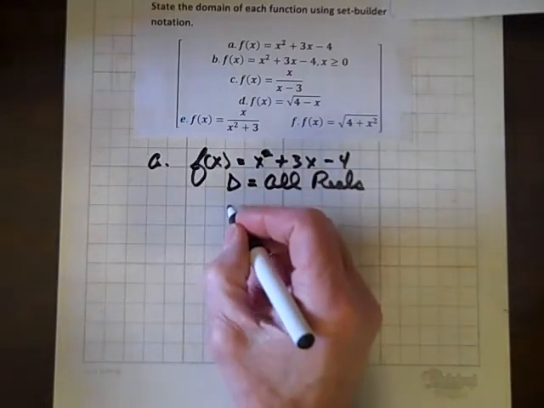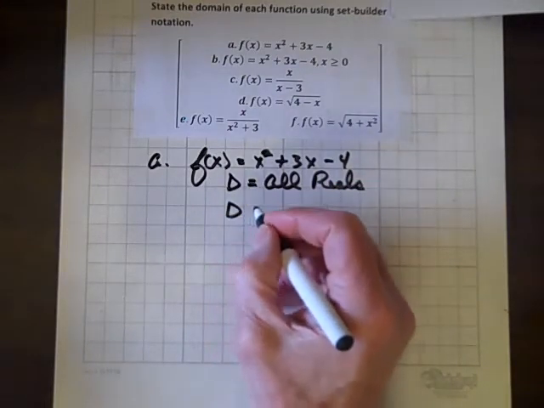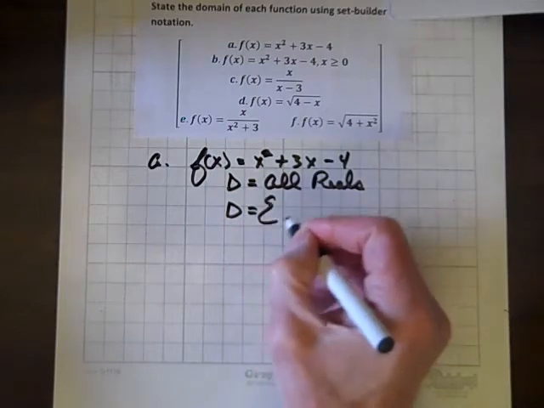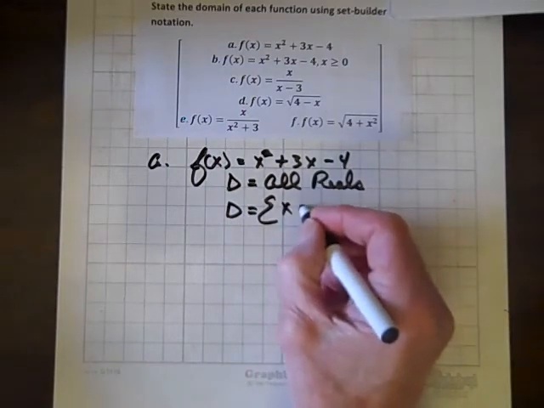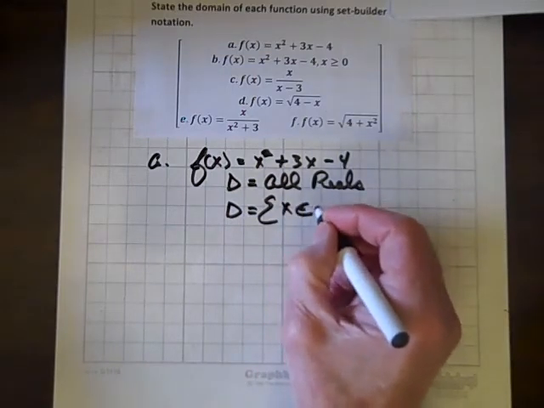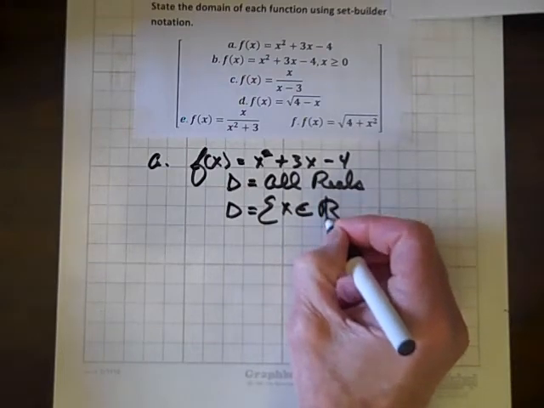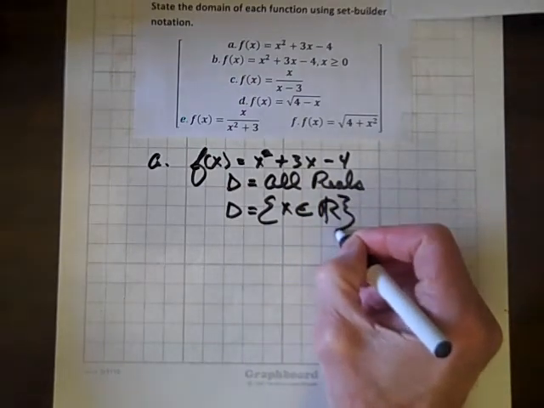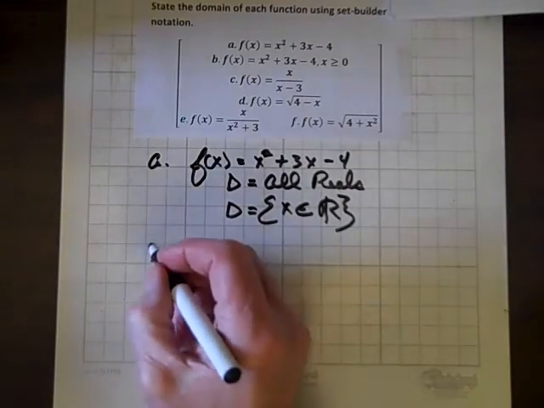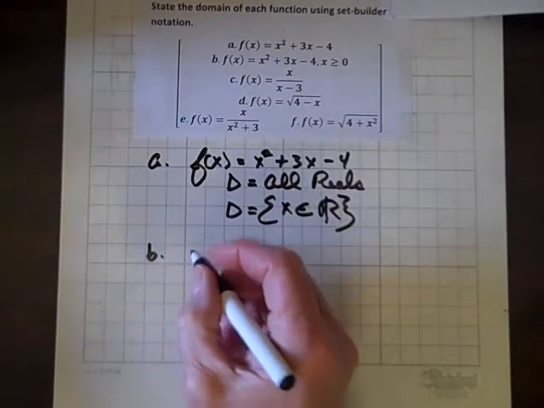In set builder notation, we would write D equals the set X element of the reals, script R, close the set. Now for B, we're given a restriction.